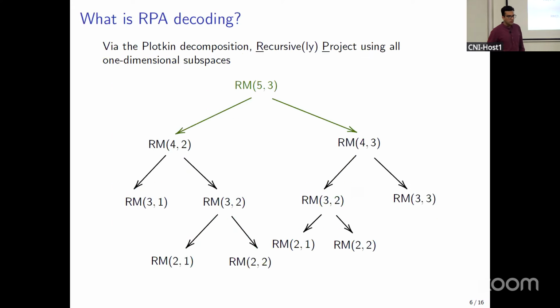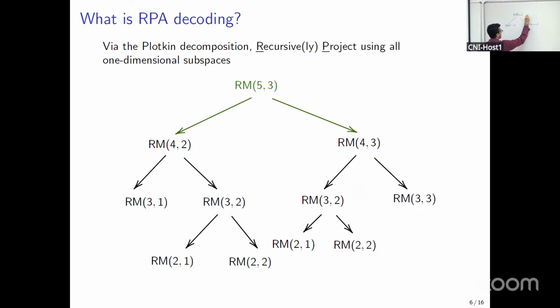Fine. So what is RPA decoding? This is just so that everybody is on the same page. This is just a picture. Let's say we start with a particular Reed-Muller code RM(M, R). Via the Plotkin decomposition, RM(M, R) can be decomposed into two codes via the following relation.